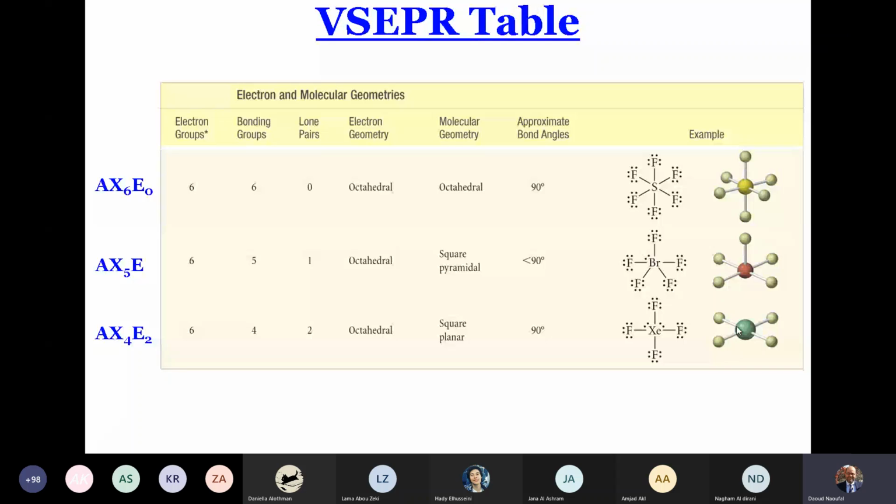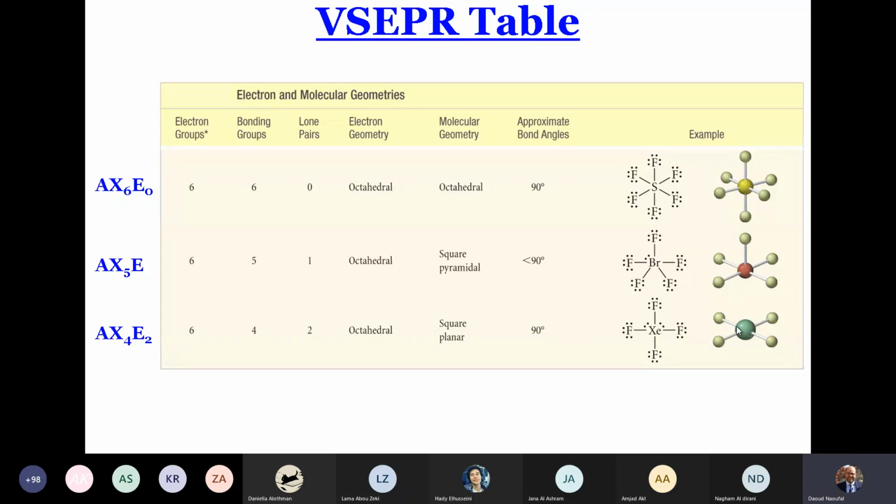As a rule, if you don't have E, the figure of repulsion is the same as the geometry. If you have E, you draw it as a bond, as a lobe. But this lobe is not a bond AX, this is a lobe containing 2 electrons.